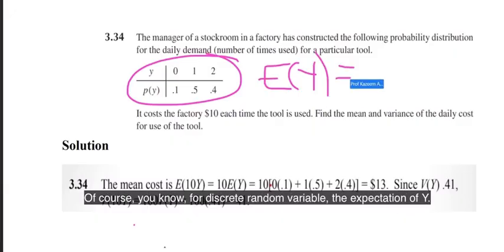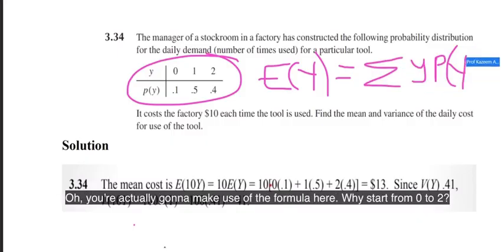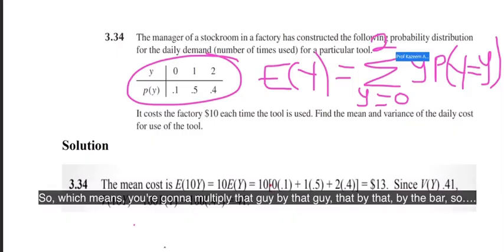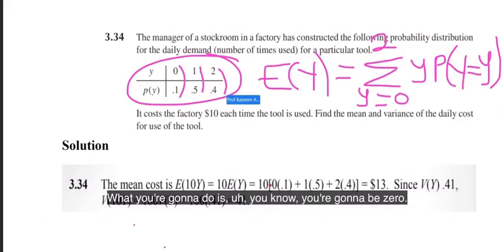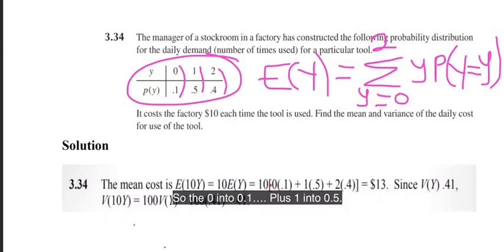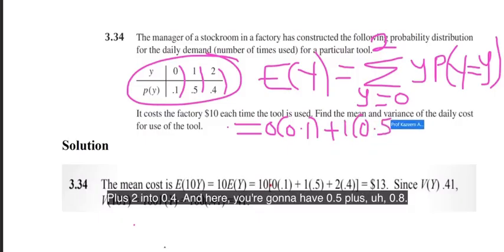For a discrete random variable, you're going to make use of the formula here. y goes from 0 to 2, which means you multiply each value by its probability. So it's 0 times 0.1, plus 1 times 0.5, plus 2 times 0.4.